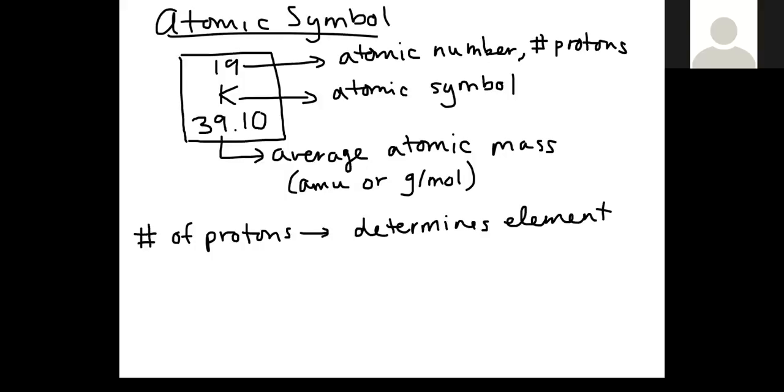Fe, also one of the ones you need to know. So the number of protons determines the element, which means that if I add a proton to potassium, what element do I get? Calcium, Ca. Also one of the ones you need to know. Your number of neutrons changes the mass.